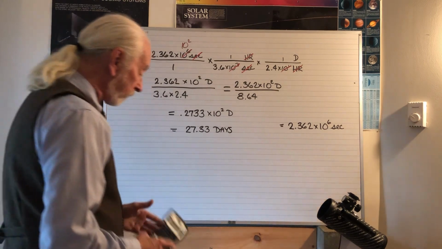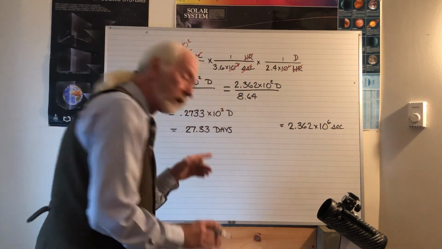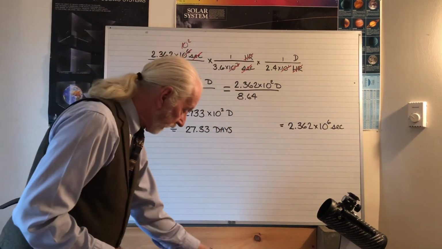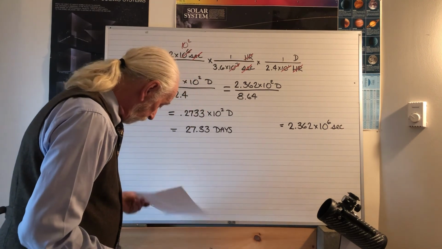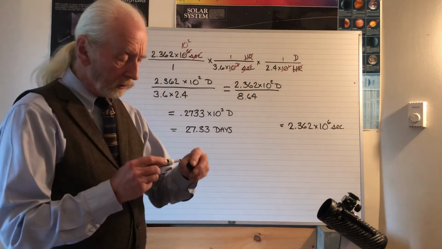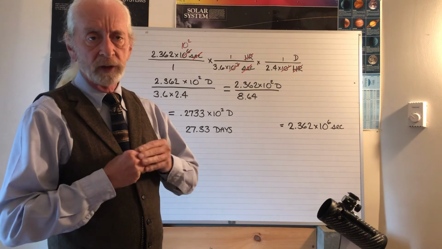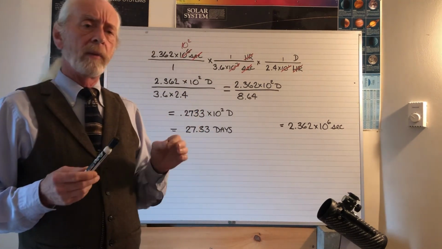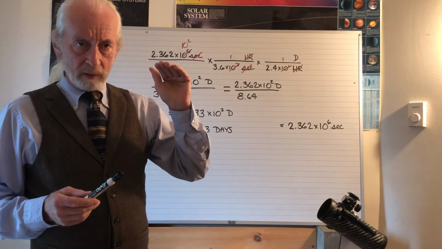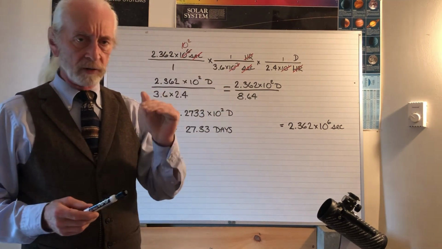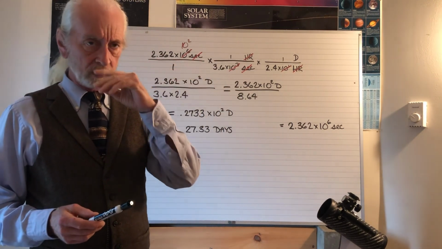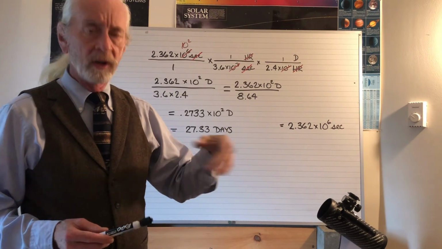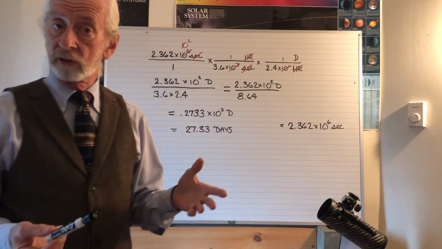And that comes out to be just a little bit shorter than what the lunar orbit period actually is. And if you think about it, that makes sense. Recall that we determined through our experiment using the pendulum that the gravity was a little bit higher than 9.8, which would mean that there was more mass.